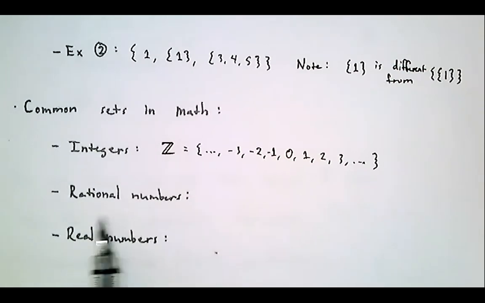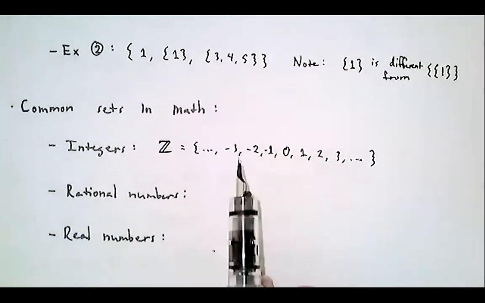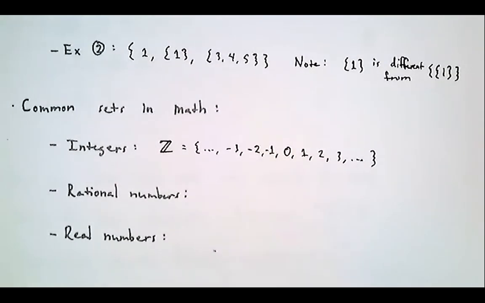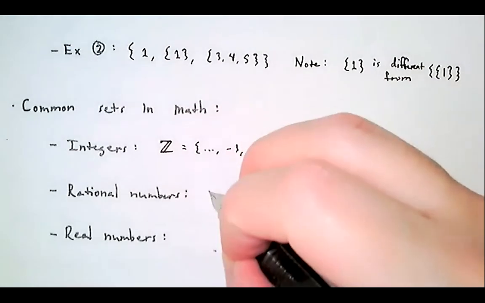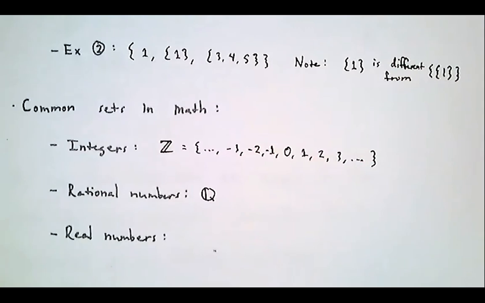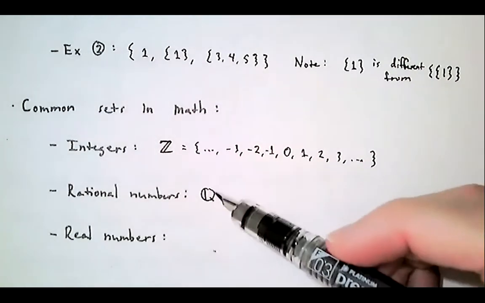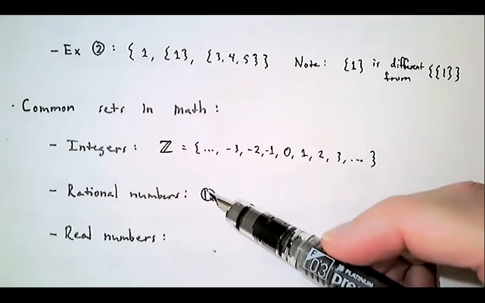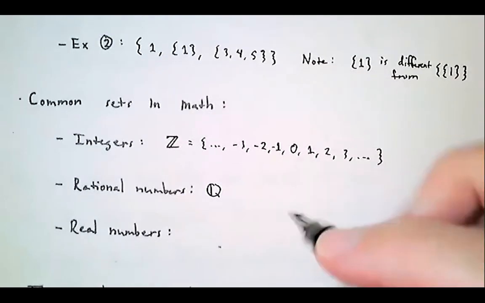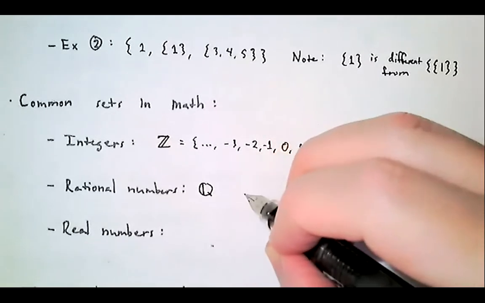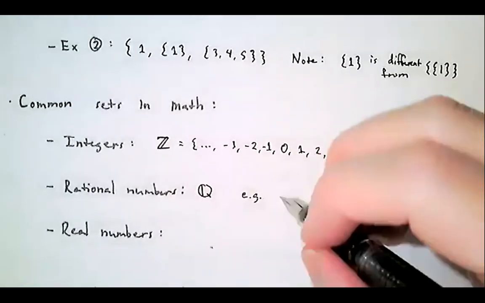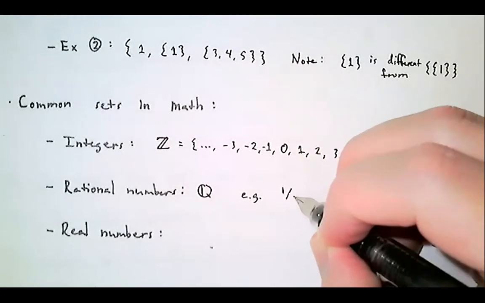The rational numbers are the fractions. So they're the numbers that you can get by dividing numbers from the integers. And the symbol for the rational numbers is a Q, a capital Q, but I've put an extra vertical bar here. Just as a reminder, I can write a few examples of rational numbers.